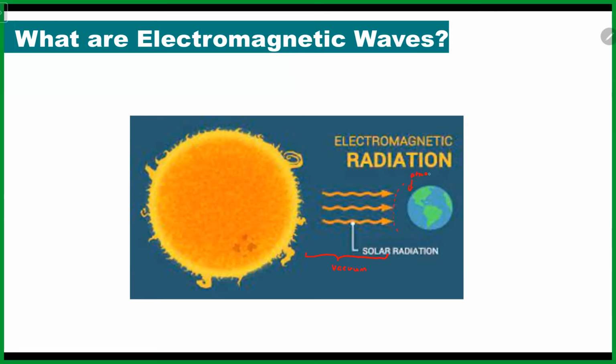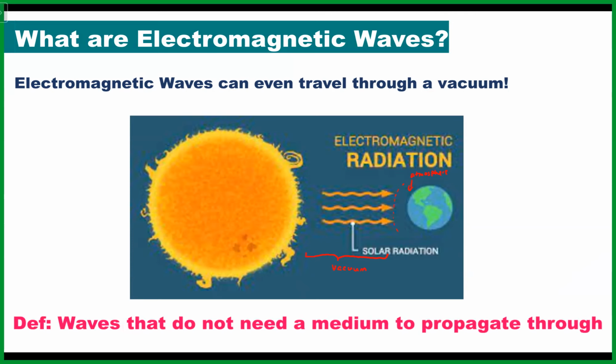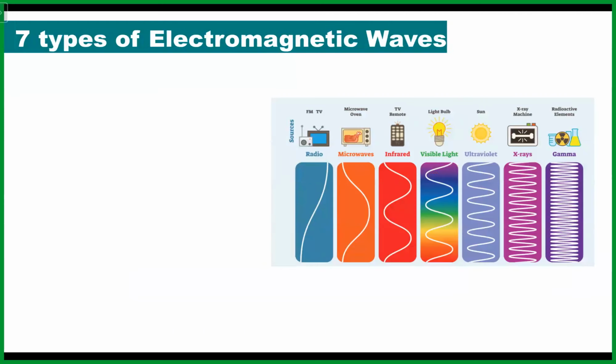The fact that these waves are able to even travel through a vacuum proves that these waves do not require a medium to travel through, and that's what we define as electromagnetic waves. So electromagnetic waves are those waves that can even travel through a vacuum, defined as waves that do not need a medium to propagate through.